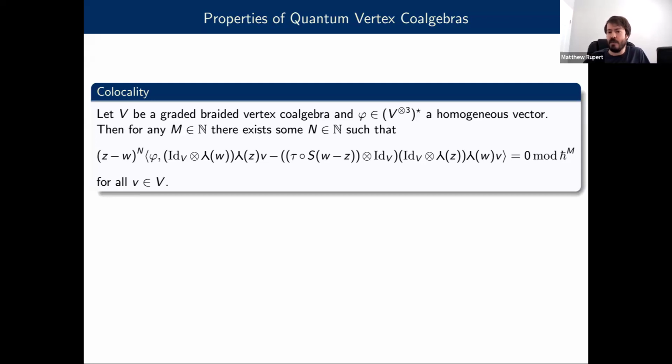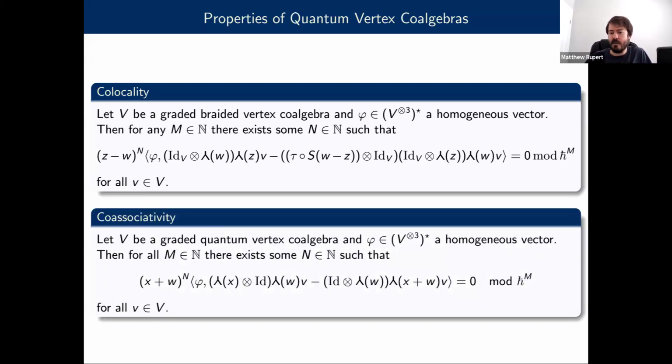We actually need to evaluate by some homogeneous vector, mod out h bar, and then we can start showing that residues vanish. Similarly, we have the co-associativity condition, which holds if you are a graded quantum vertex coalgebra, so we need the hexagon relation. This says for some homogeneous vector and some natural number m, the natural co-associativity relation holds mod h bar to the m after evaluation by the homogeneous vector.